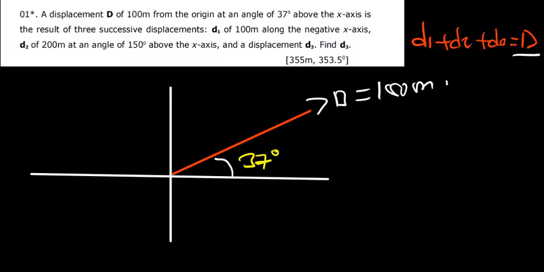Now, D is the result of d1. d1 is 100 meters along the negative x-axis. So when we say along the negative x-axis, what is the angle in that case?